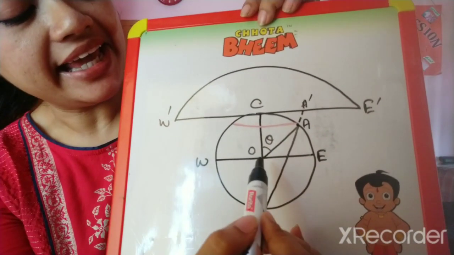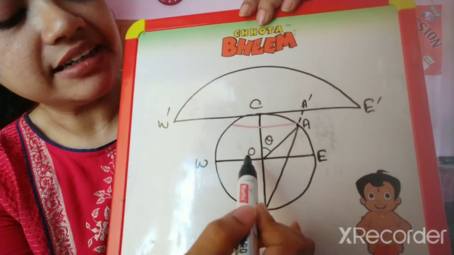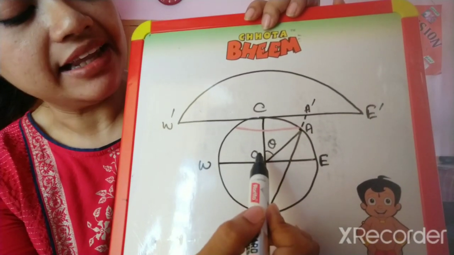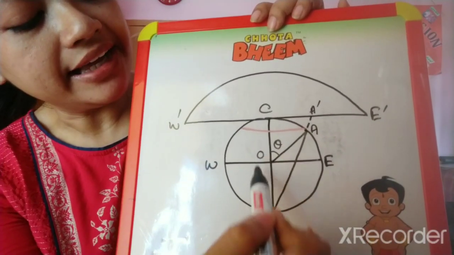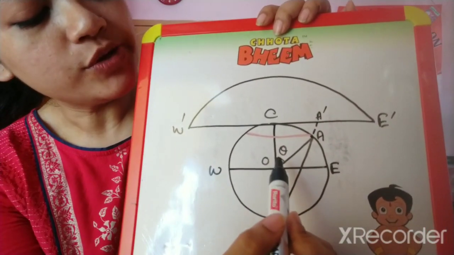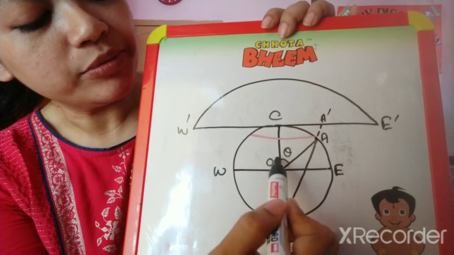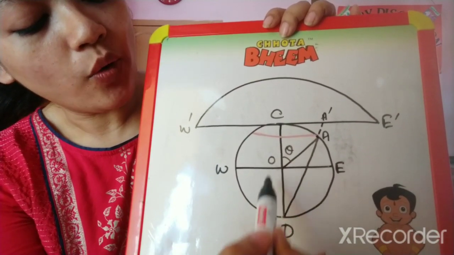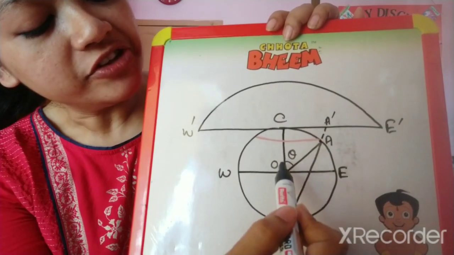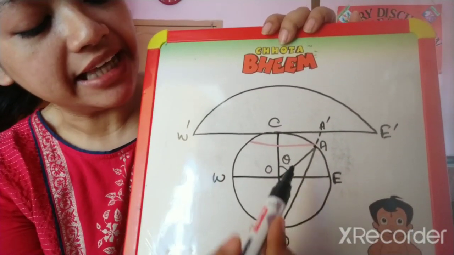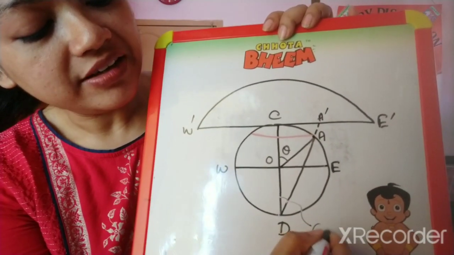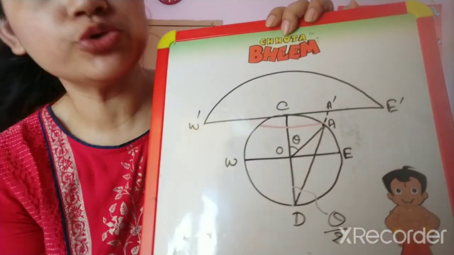That means if we consider the triangle ODA, the external angle of ODA is the angle COA, that means θ. So this external angle is double ODA, and angle ODA is half of θ, that means θ by 2.